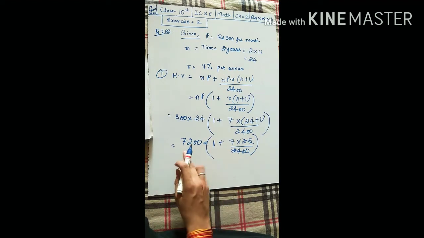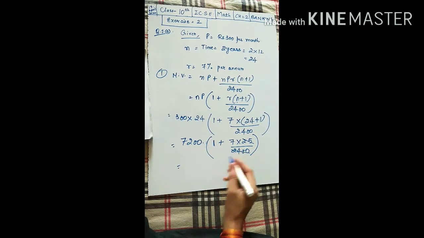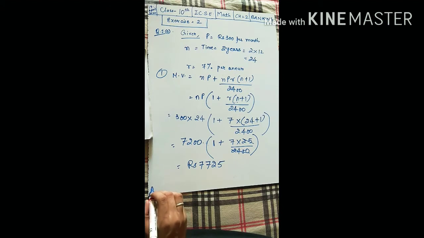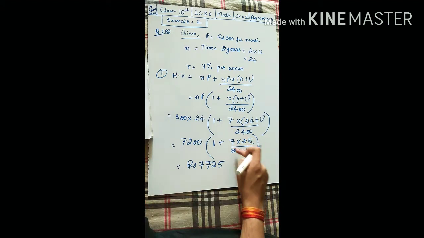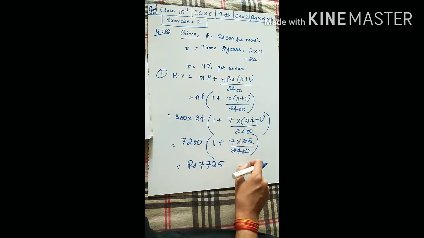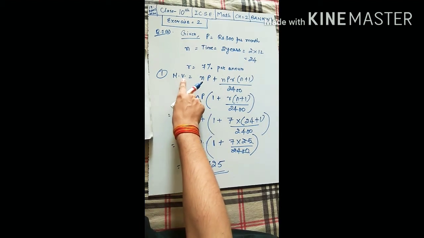So what I have already calculated, on calculating we are getting 7,725 rupees. Okay, you can solve this one, take the LCM and on multiplying inside we'll get this as a final result. Okay, this is the maturity value.